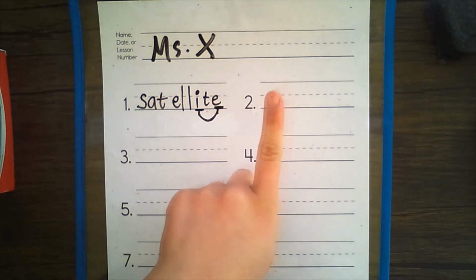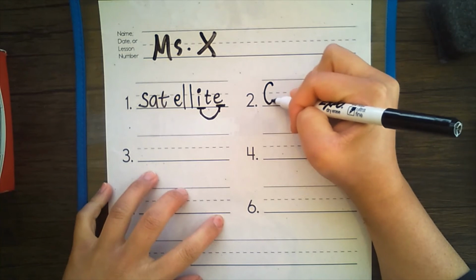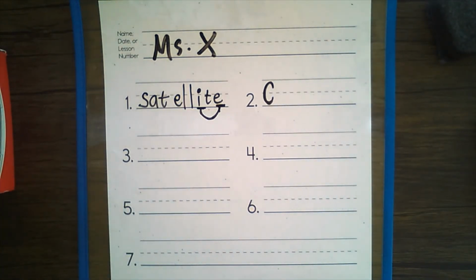First syllable, chai. Now, we're going to capitalize the first letter because it is a proper noun. It is the specific name for a group of people. It is the specific name for a nation of people.